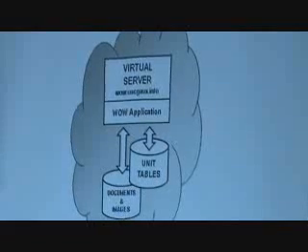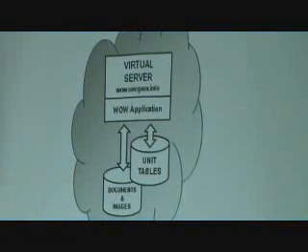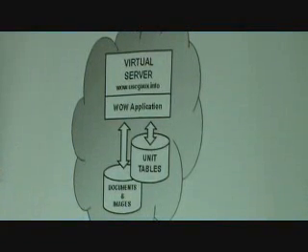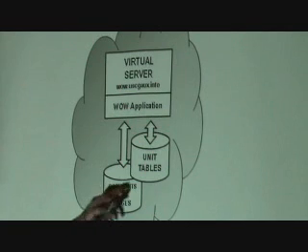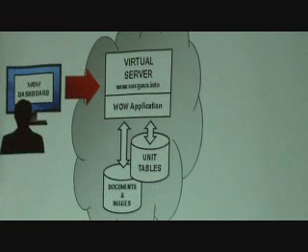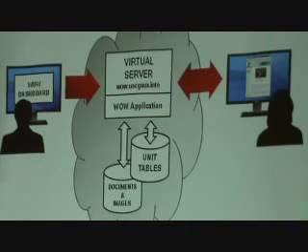So at any rate, here we have out in the cloud a virtual server, and on top of it is a database application called WOW, which is what you're interacting with. It's one program for all 1,000 sites, and it has two sets of areas. It has a database of tables of the information that you type in for your unit, and it has a database for documents and images, which you saw me post material to.